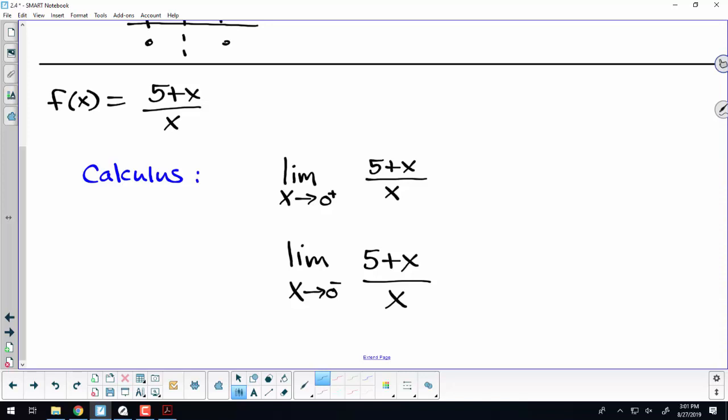Even if you totally forgot about vertical asymptotes altogether, when you evaluate these things the way we do in calculus, it's going to tell you the same information we already know by looking at that function. It has a vertical asymptote at x equals 0. We can compute these two limits, and those limits will tell us the same information, assuming we remember how to interpret our limit.